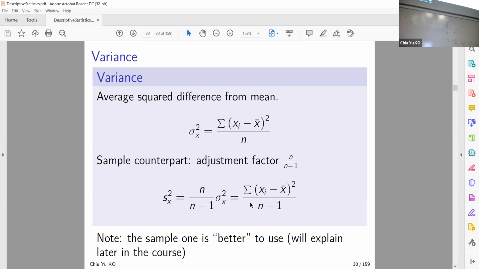Why? Because the further away from the mean, once you square, you expand. Square is a convex function, so the further away, the more important it becomes. So in the variance, if a lot of data are far away, the variance is large. I don't know whether it's a good point or a bad point, but it is a feature of this measurement.